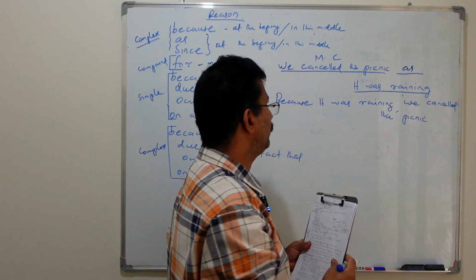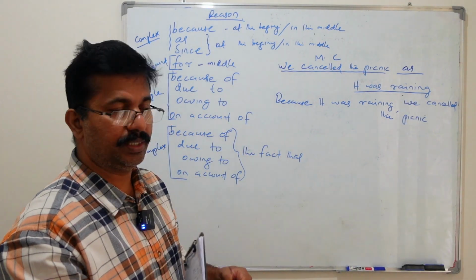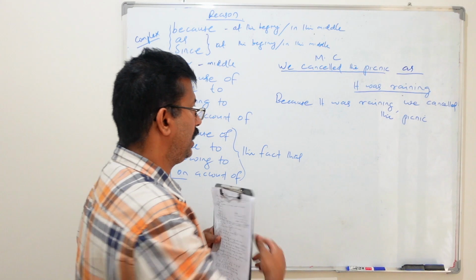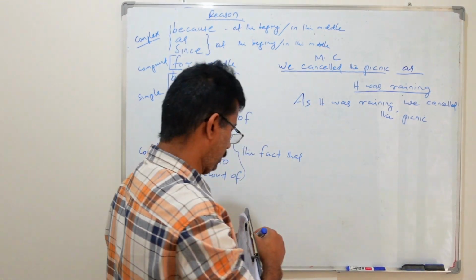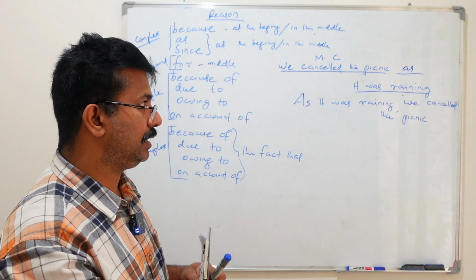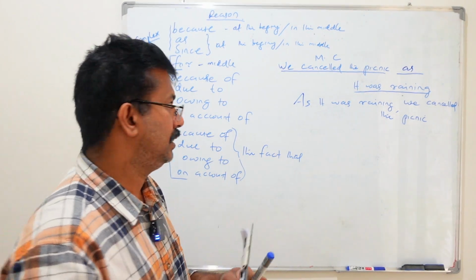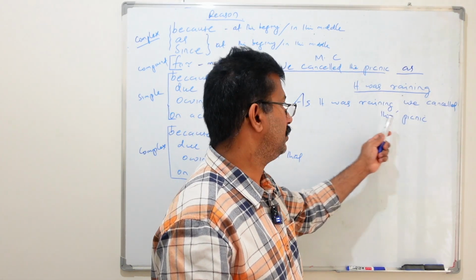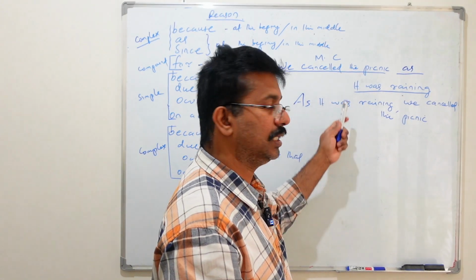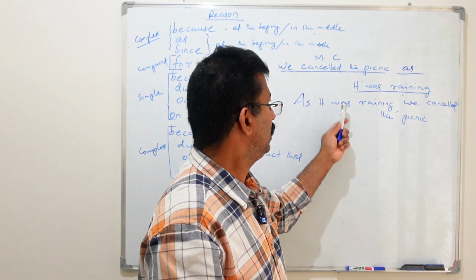We cancelled the picnic as it was raining is a complex sentence, and you can start the sentence with as it was raining, we cancelled the picnic. This is a subordinate clause. This is a main clause. So if this is a complex sentence, this is also a complex sentence.